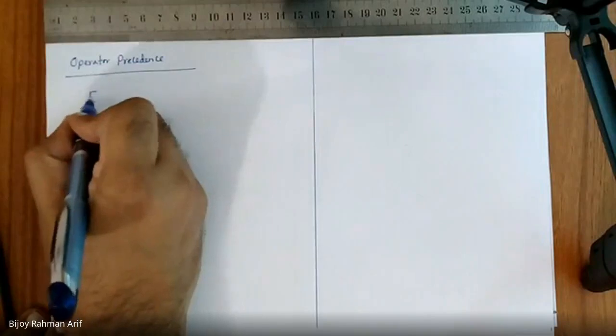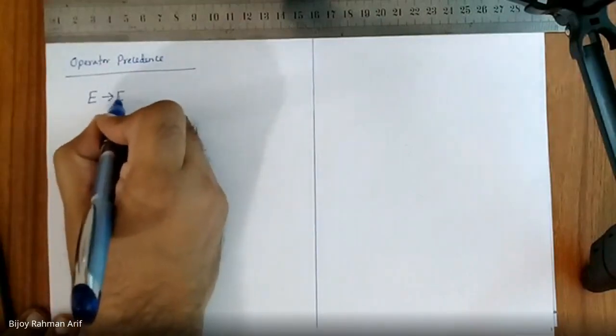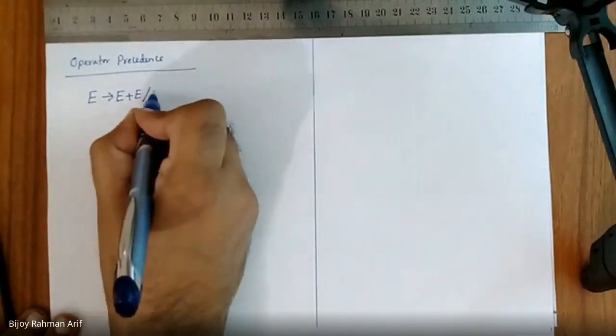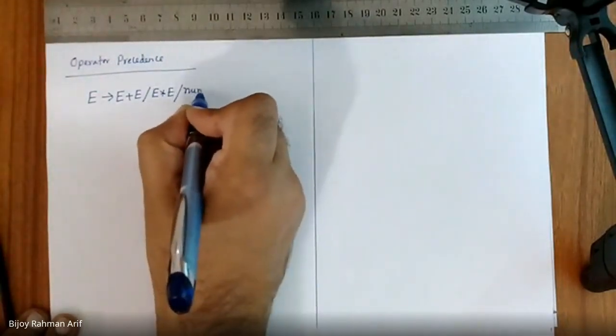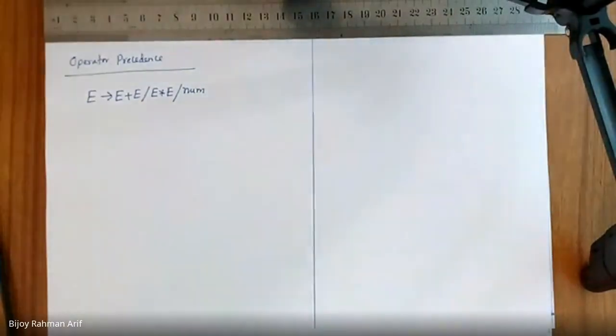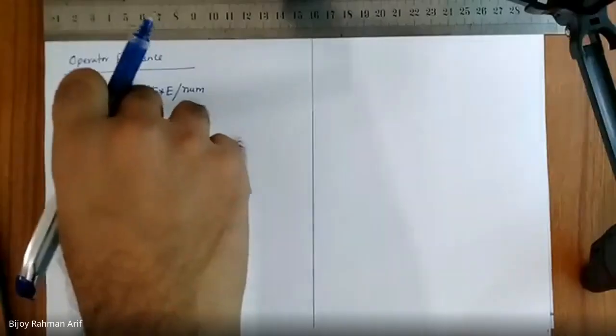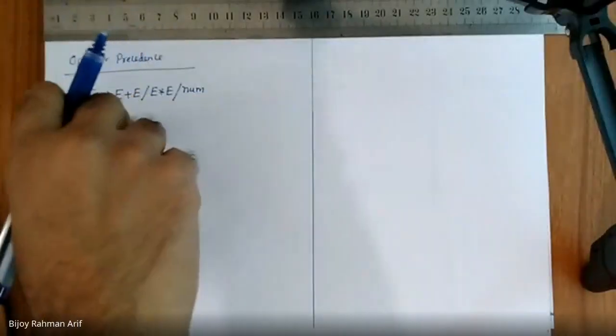E derives E plus E or E star E. Is this grammar ambiguous or not? Yes, it is ambiguous. We have already encountered this grammar five or six times, and we have already proved that this grammar is ambiguous, because it has left recursion and right recursion.